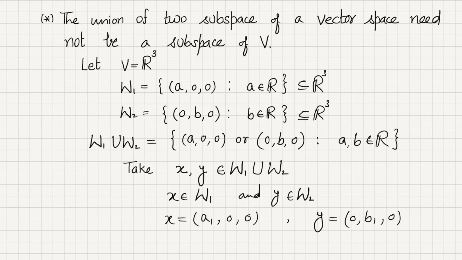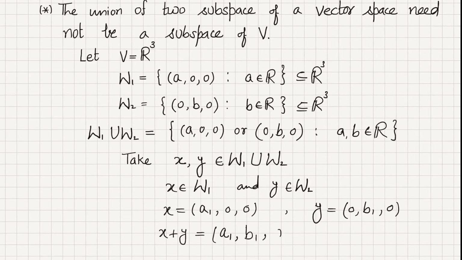Now if you take their addition x plus y, it will be component-wise addition. The first component is a1 plus 0, which is a1. For the second component, 0 plus b1 is b1, and 0 plus 0 is 0. So x plus y will be (a1, b1, 0).